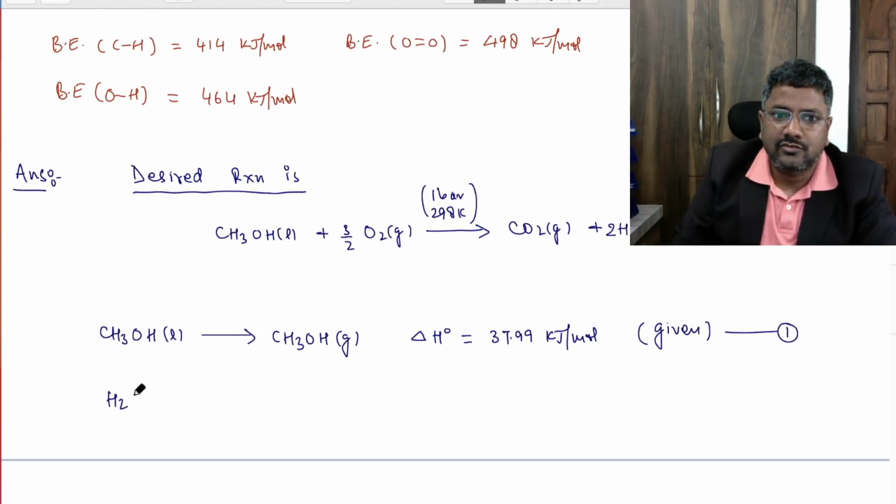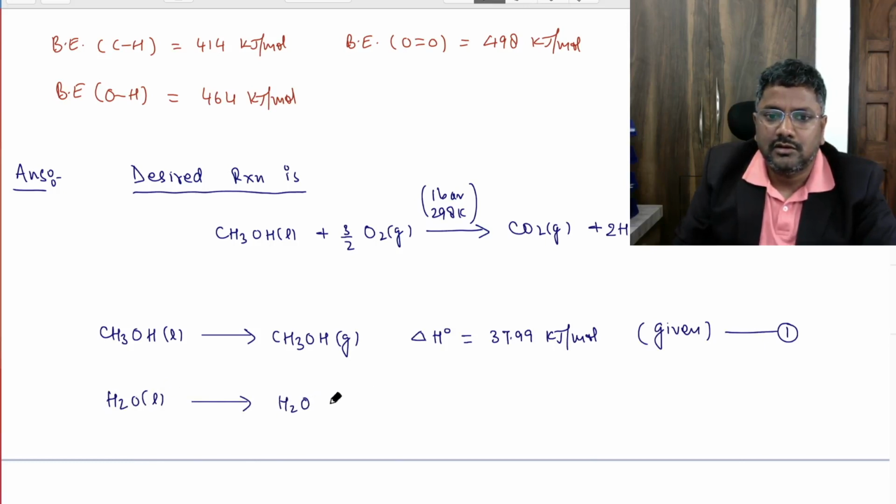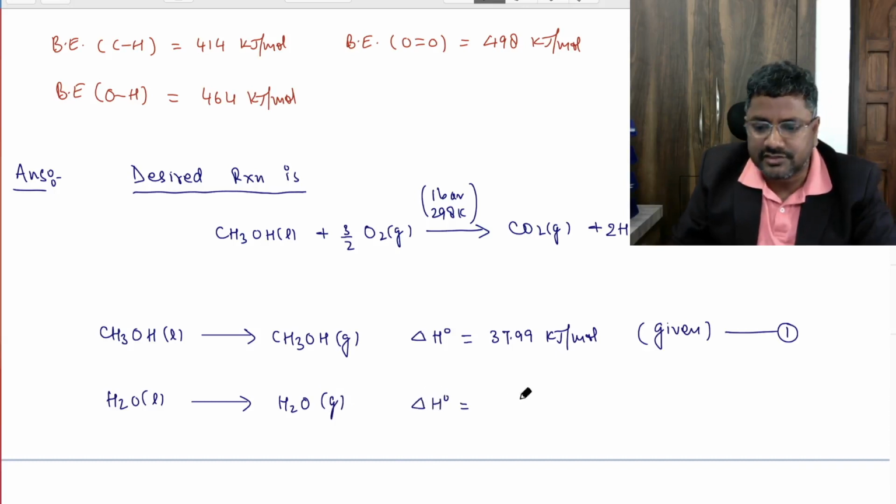Now H2O liquid to H2O gaseous. This is also delta H naught vaporization. This is given 44 kilojoules per mole. This is also given.